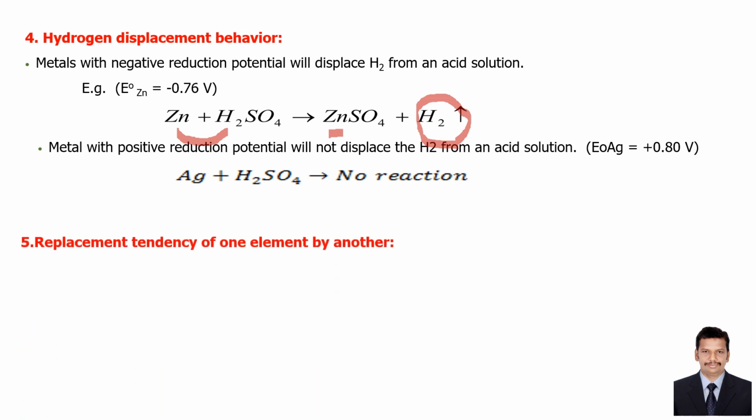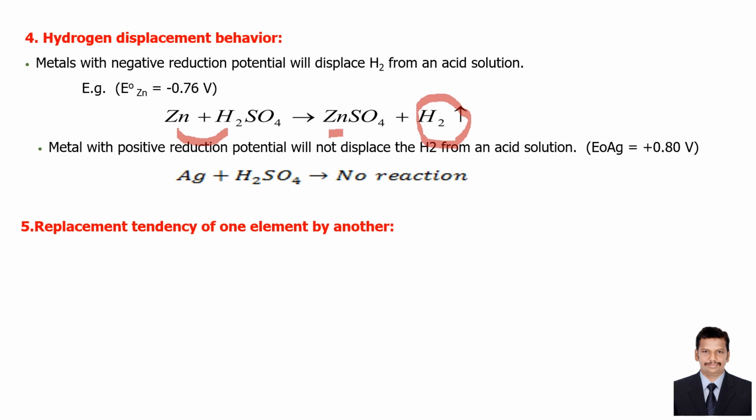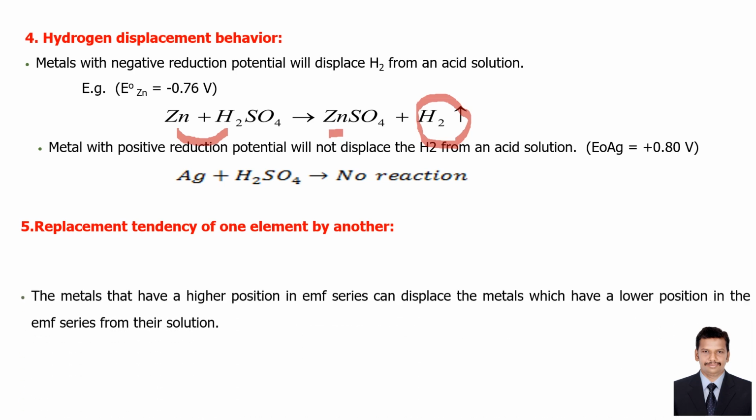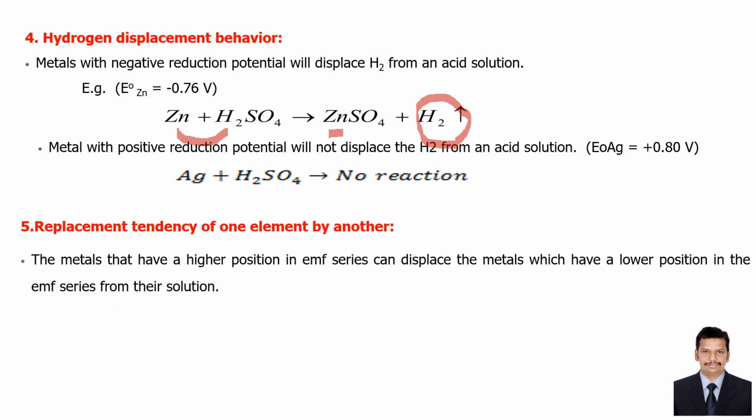The fifth one is the replacement tendency of one element by another. A higher value of reduction potential shows a great tendency to assume the reduced form. So a knowledge of electrode potential gives an indication of relative replacement tendency. The metal that has a higher position in the EMF series can displace the metal which has a lower position in the EMF series.